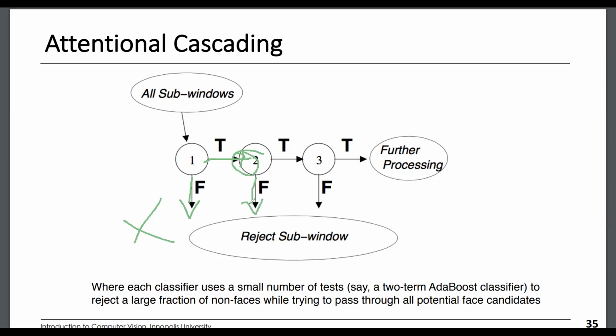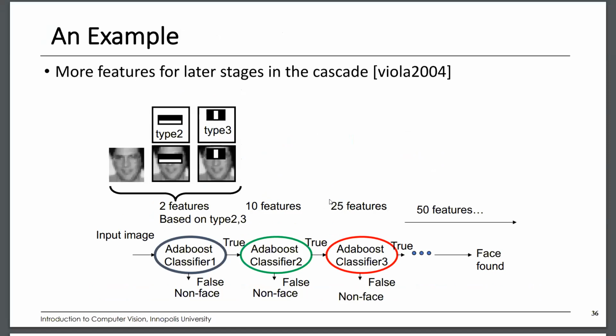If that tells us it's not a face, we confirm it's not a face and we stop. If it says it is a face, we doubt it a little bit and go to a more complicated model. So this is the cascade. At any step, if any one of these models says no, this is not a face, we reject it.